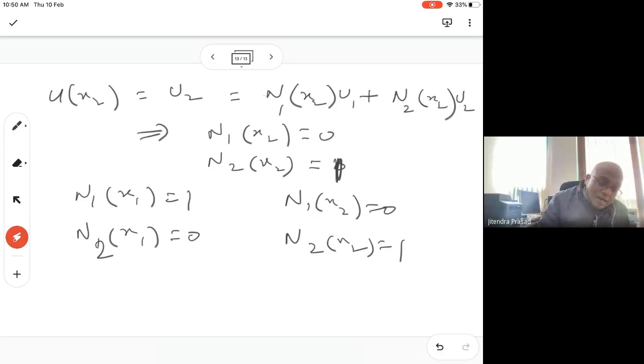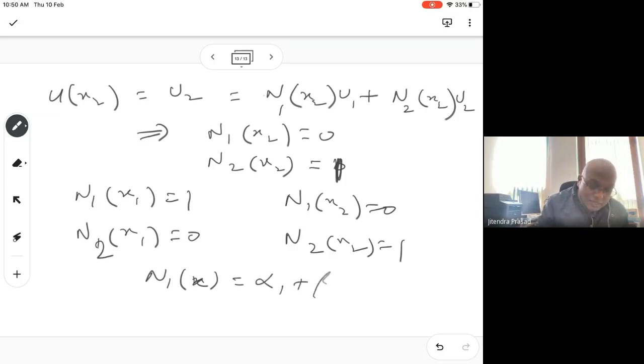So that really means N1 and N2 can be what? N1 and N2 can be linear. That means we can say, let us say N1(x) is equal to alpha 1 plus beta 1 x, and N2(x) equal to alpha 2 plus beta 2 x.